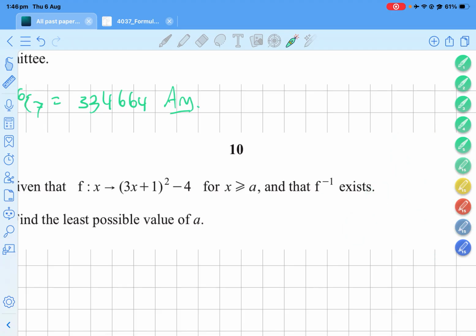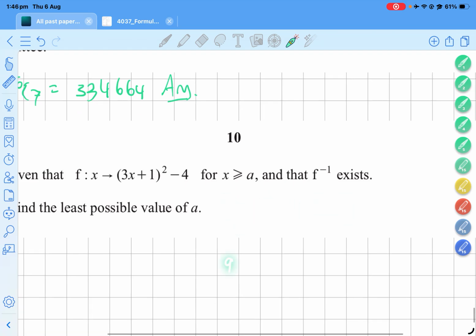So we could do 3y plus 1, whole squared, equals x plus 4. So f inverse of x is the square root of x plus 4, then minus 1, over 3.